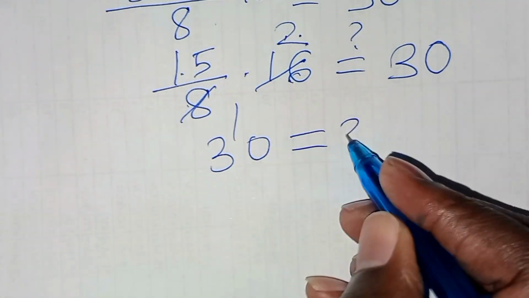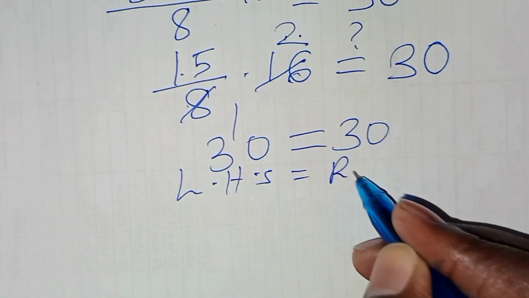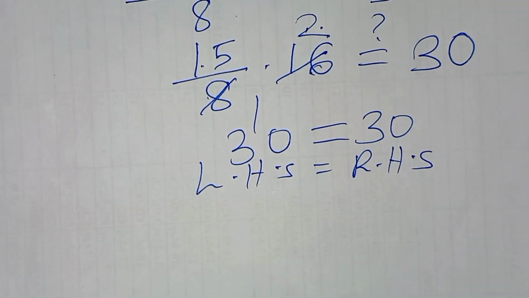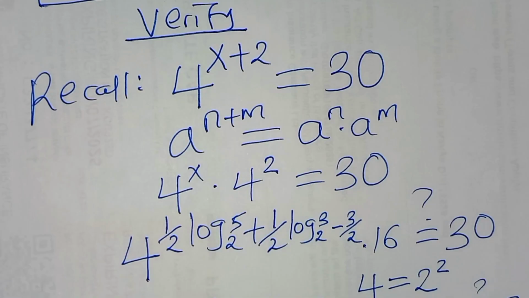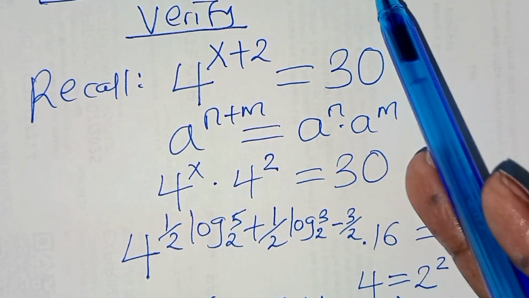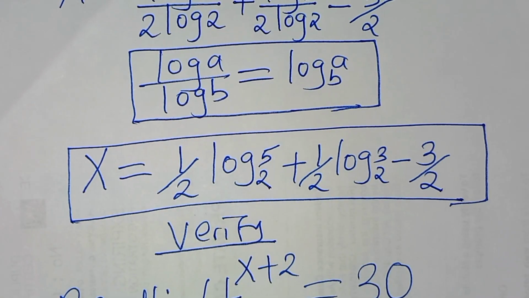So you can see clearly that the left hand side is equal to the right hand side. And that affirms that the value of x, which is half log 5 to base 2 plus half log 3 to base 2 subtract 3 over 2, actually satisfies the equation.